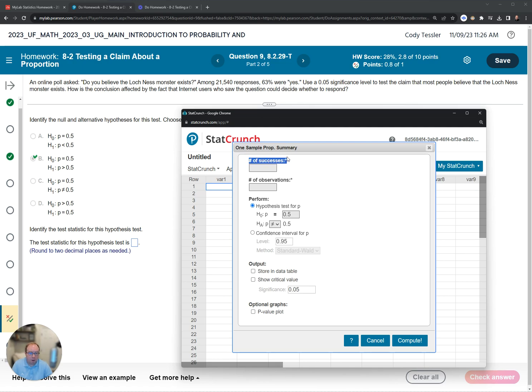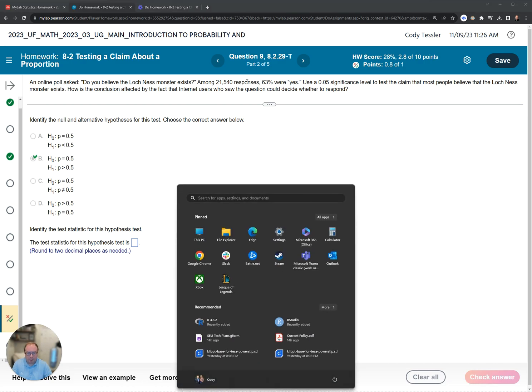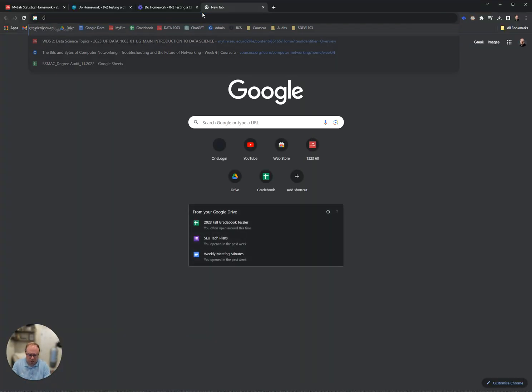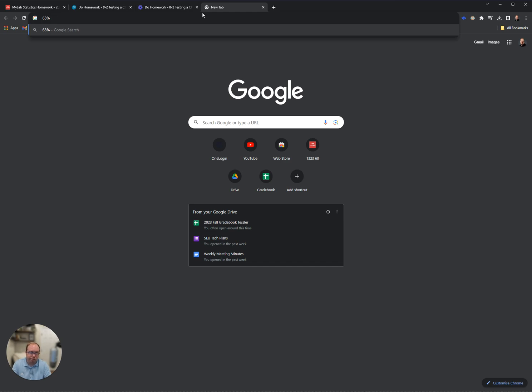This is not the number, 63% is not the number of successes. We know that 63% of the 21,540 said yes. So let me go ahead and just calculate that. You could always just type it into Google. I believe Google will even parse it for you, or you could just multiply 0.63 times 21,540.